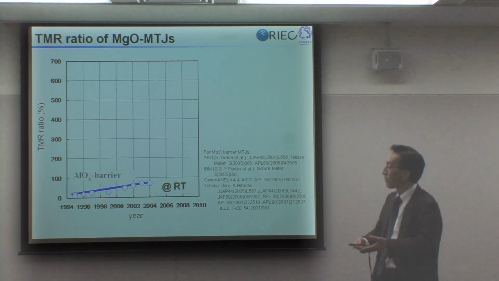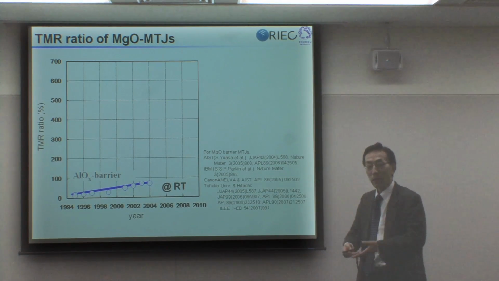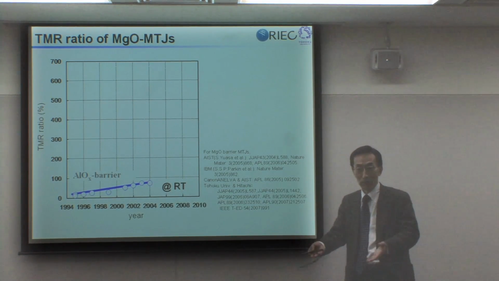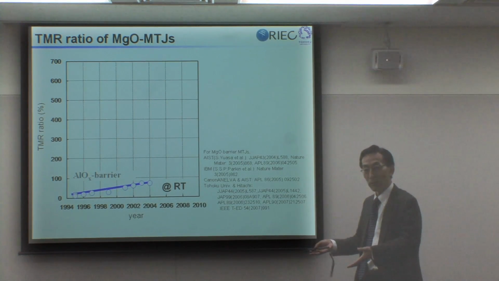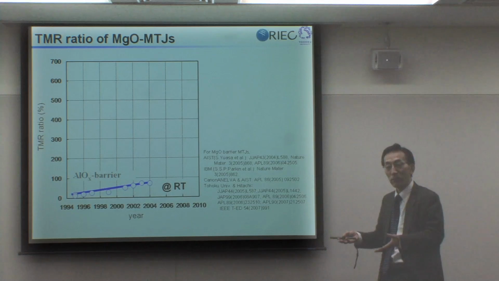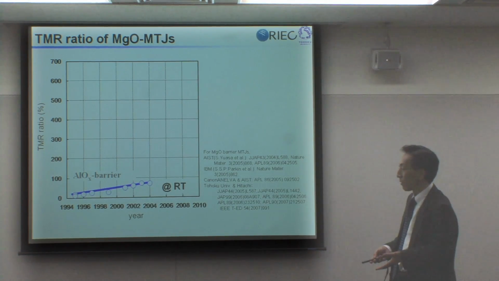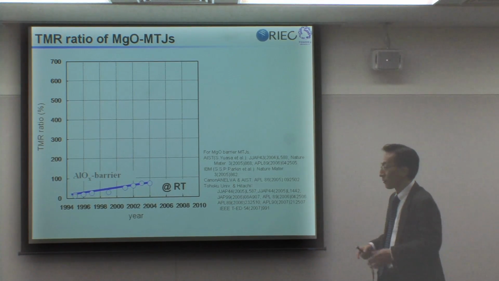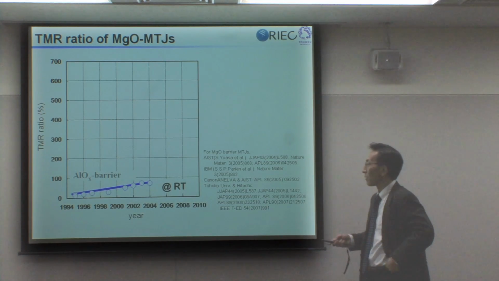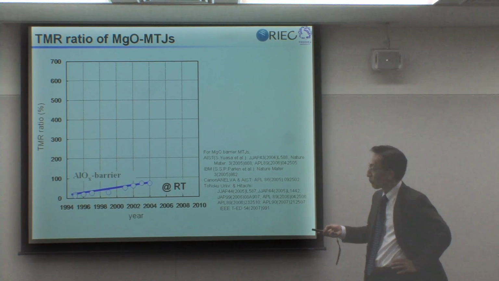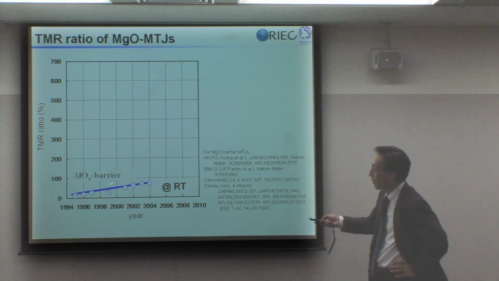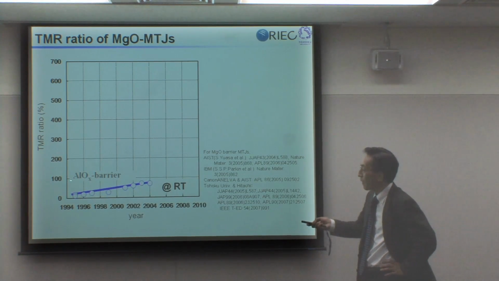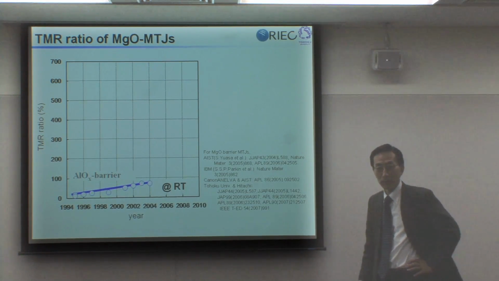Otherwise, the reading circuitry has to be sensitive enough, which means you have to have more transistors to build it. That's usually what you don't want to do because it makes your circuit larger and more expensive. Although people worked very hard, we couldn't pass this barrier of 100%.